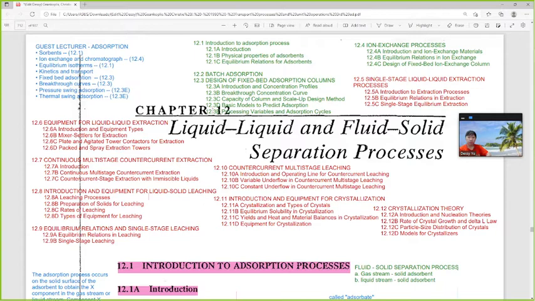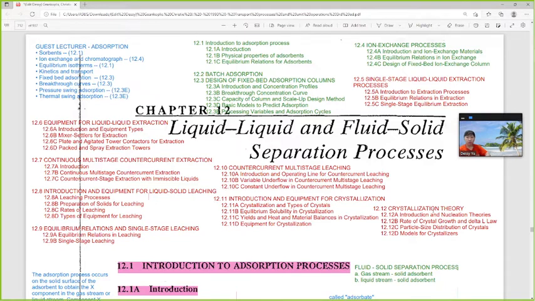So from chapter 12 of Geankoplis, we know the sub-material goes from introduction, the adsorption process, until crystallization theory.